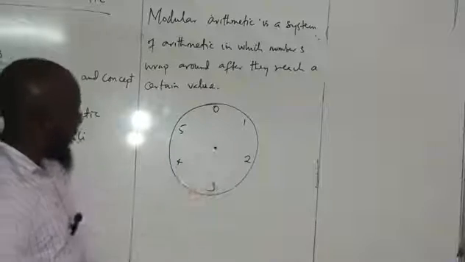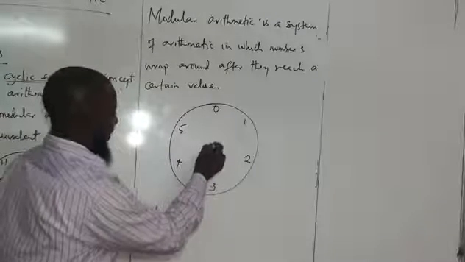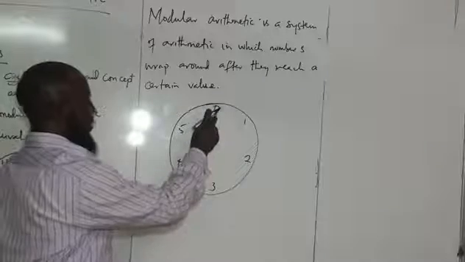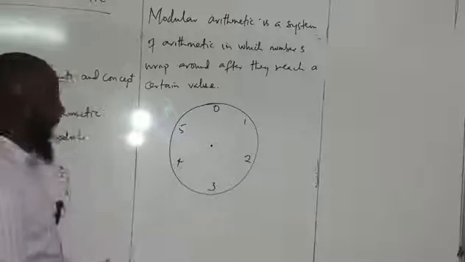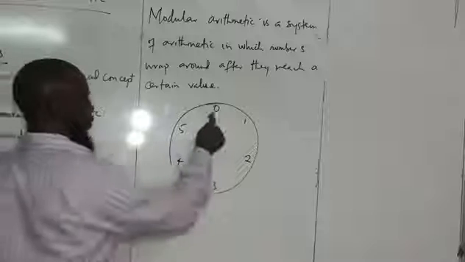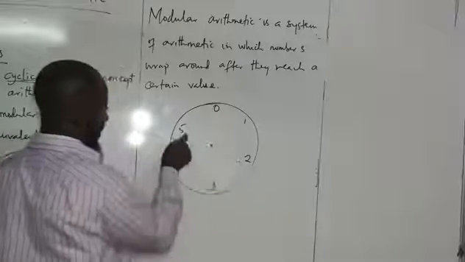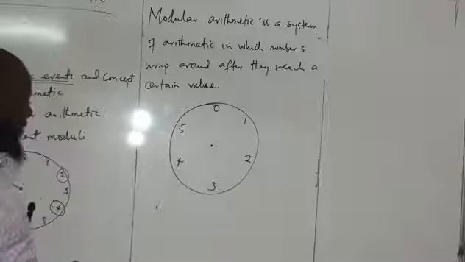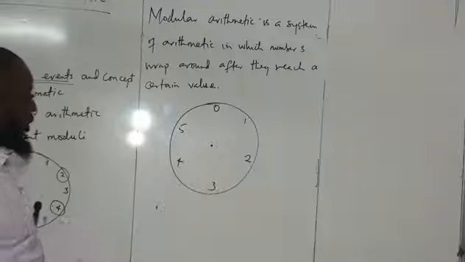Now let's look at this cyclic event. You can see this one is from 0 to 5, right? So how many digits do we have there? We have 1, 2, 3, 4, 5, 6, so we have 6 integers there.